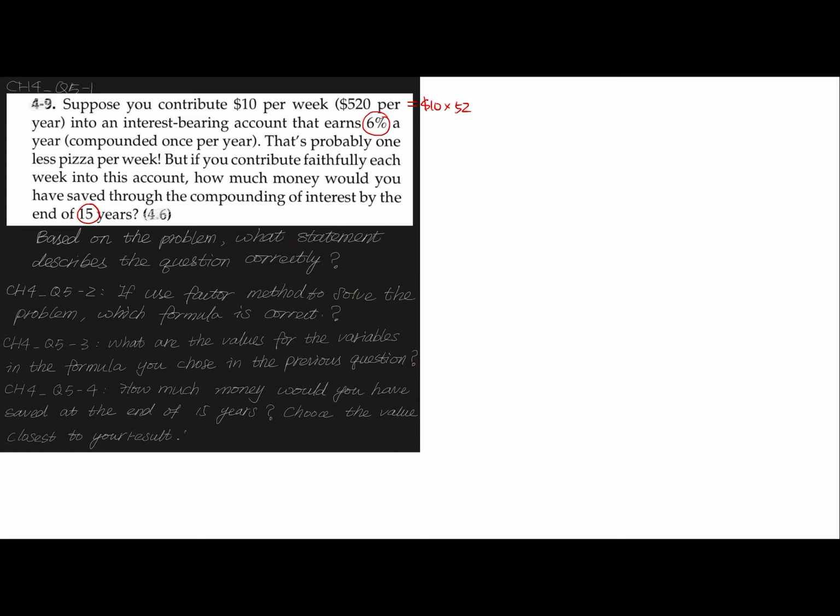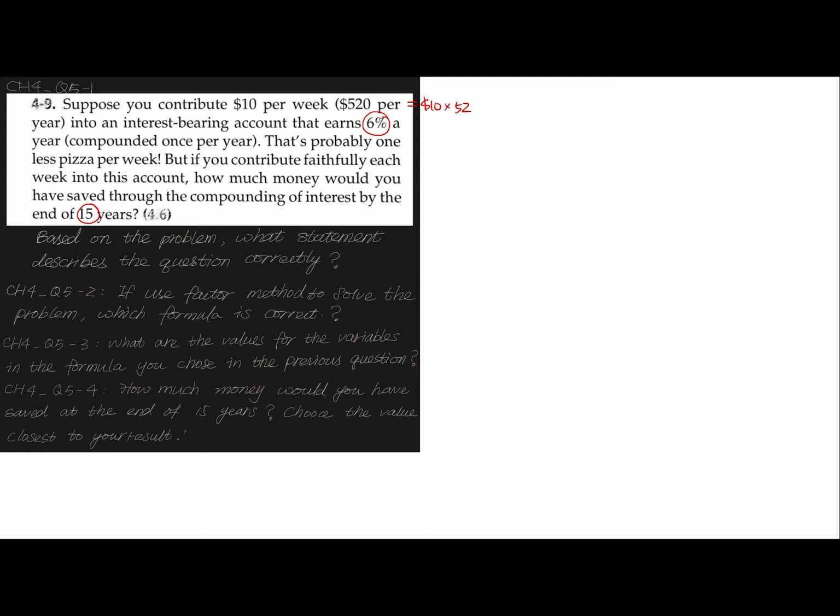All right, based on the problem, what kind of question is it? Well, every year you're going to save or contribute the same amount, and you do the same thing repeatedly for 15 years, and then you want to know how much you can have at the end of that 15 years.